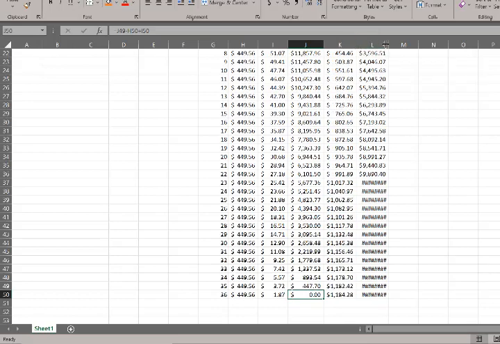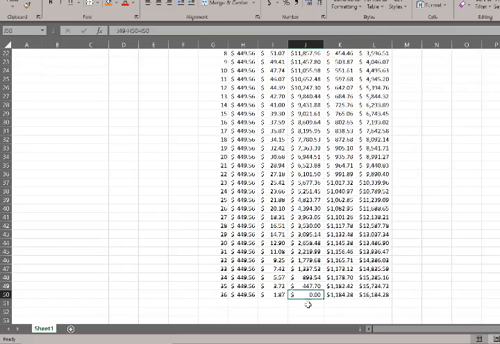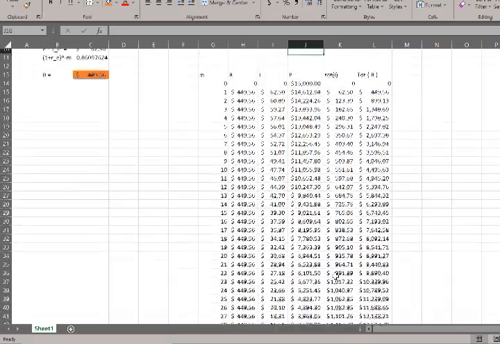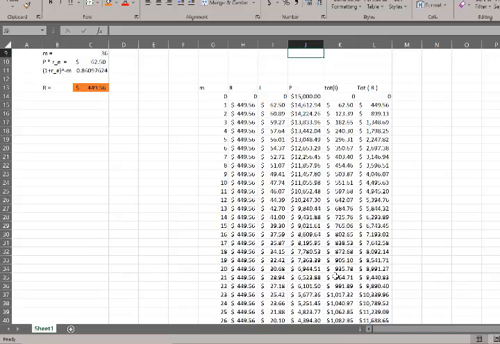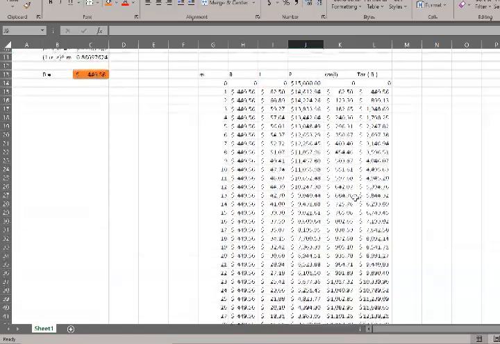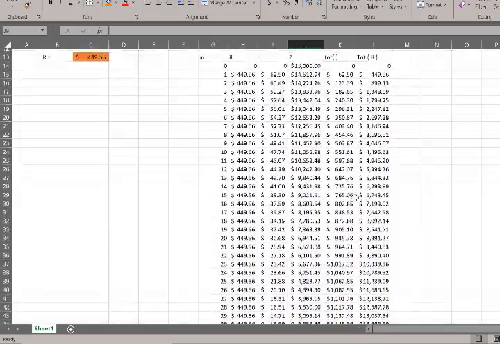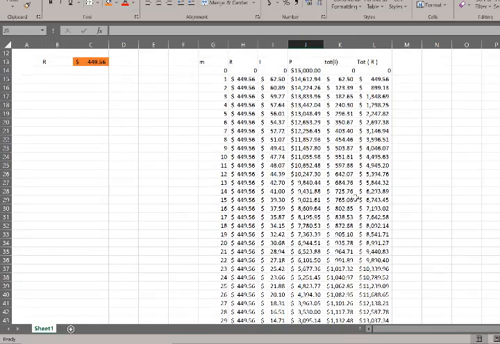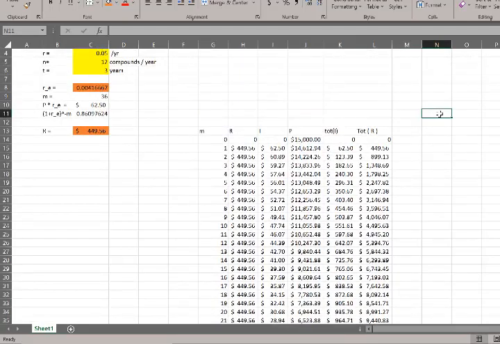Balance principal is 0 right here, and that's what we're looking for. And there we have it. We've just amortized the loan. So if you ever wonder where all those numbers come from on your credit card statement or car note statement, this is how everything is generated, just with these equations and running an Excel sheet.